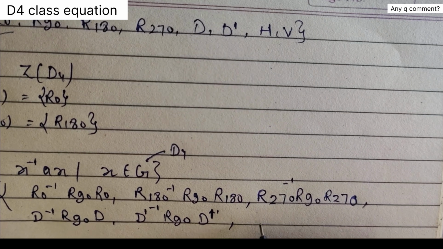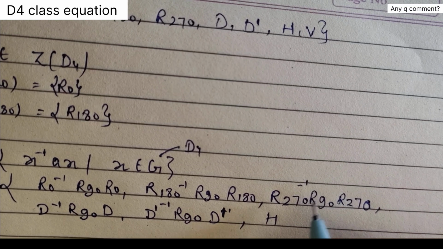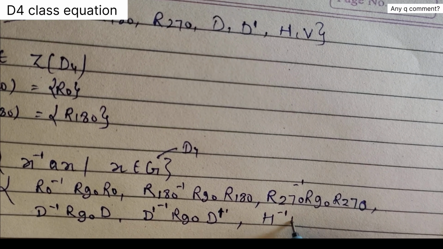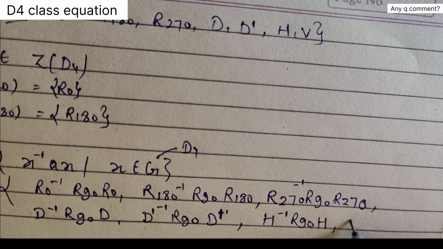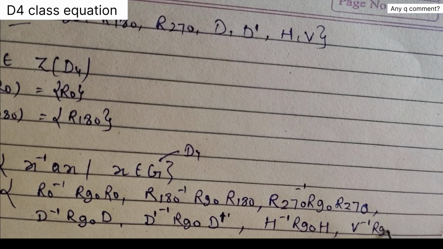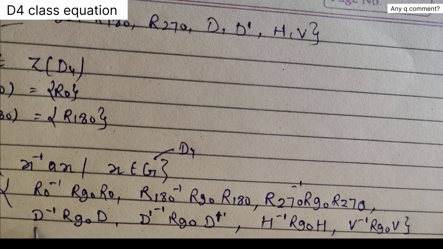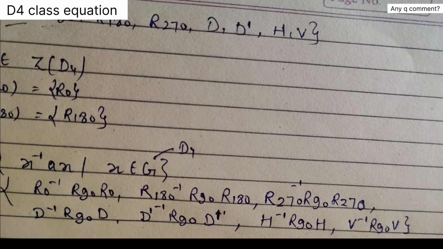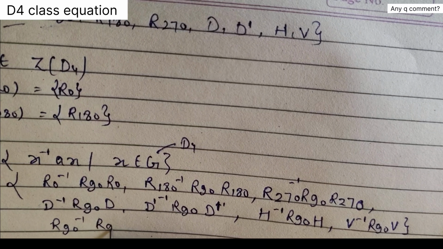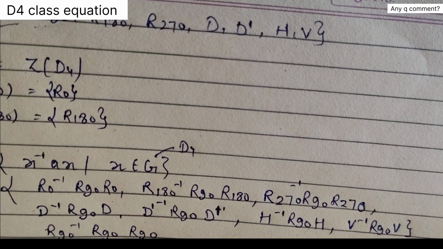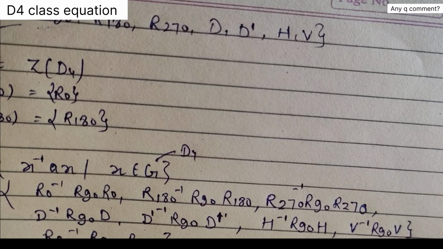Then we write all the possible values: H inverse R90 H, then V inverse R90 V. I just forgot one part, R90 itself: R90 inverse R90 R90. These are the possible values for the conjugate class of R90.